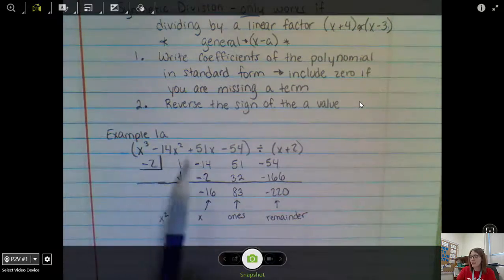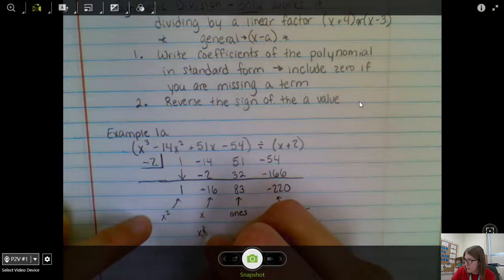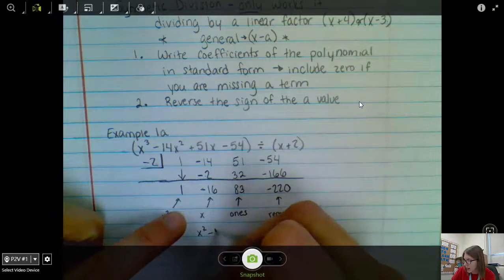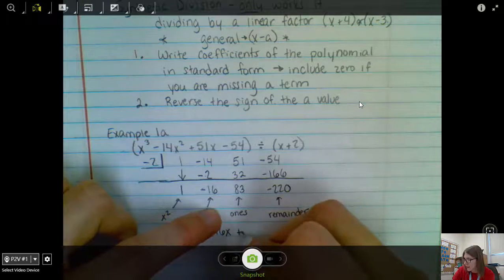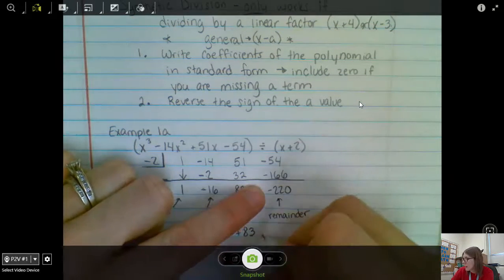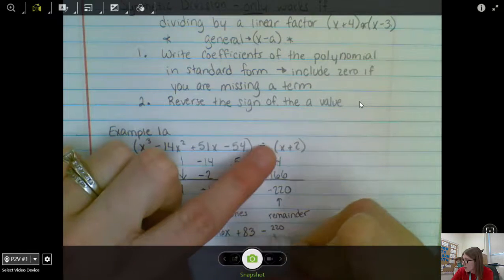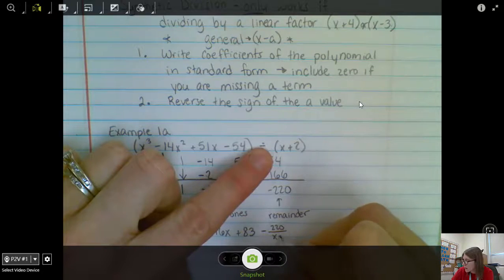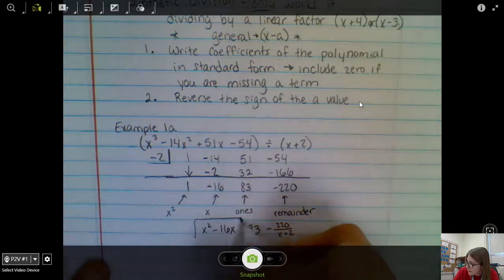So when we divide this, we really end up with 1x squared minus 16x plus 83. And we have a remainder of minus 220, so it's minus 220 over x plus 2. That would be our final answer.